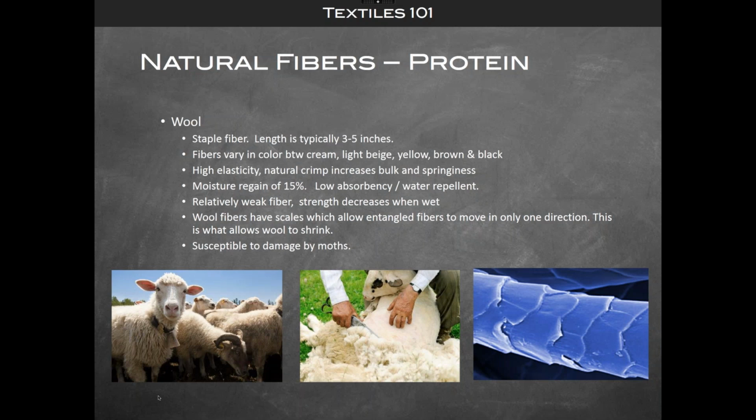Another feature of the scales of wool is basically they allow the fibers to get entangled and then move in one direction only. And this is what helps wool to shrink. So if you think of washing a wool sweater and it coming out smaller and smaller each time you wash it, it's because these scales click together almost like a zip tie.